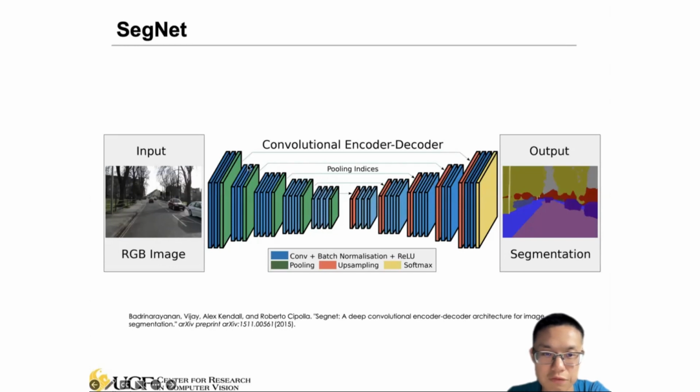If you always pool and reduce the spatial size by half every time, then you can do this symmetrically. On the decoder side, you upsample and double the size every time, and gradually you come up with a feature map of the same size, then you can generate the semantic segmentation map. So this is the encoder and decoder structure for semantic segmentation, which has become a standard framework or pipeline for this particular task.